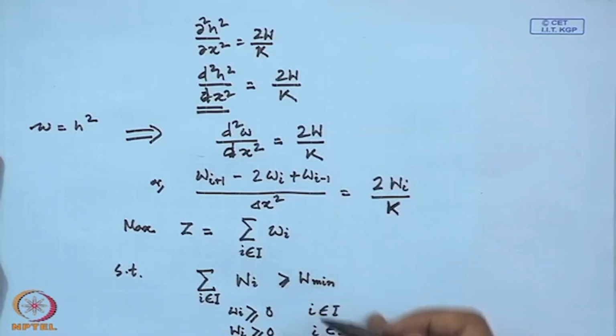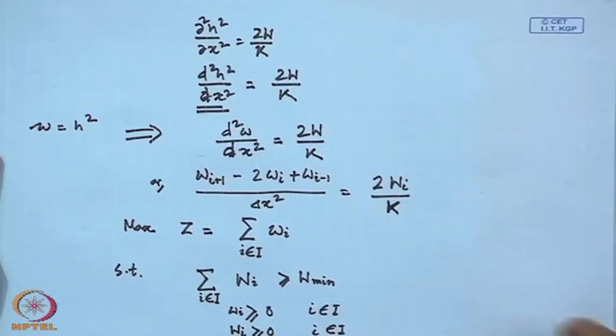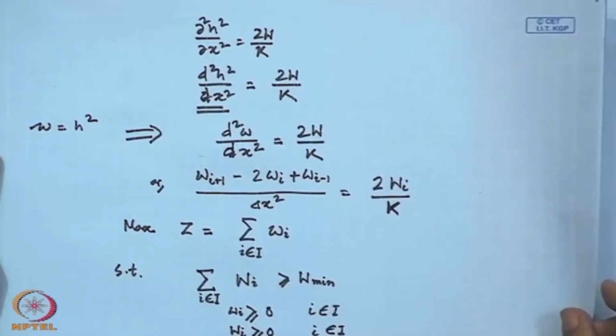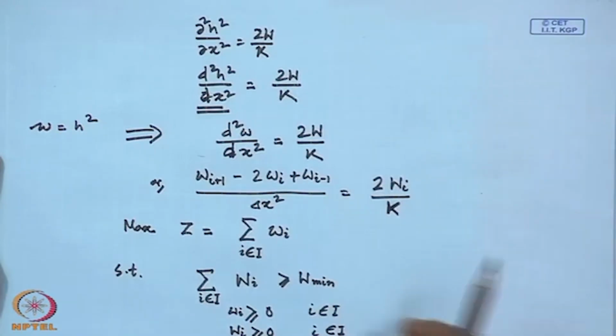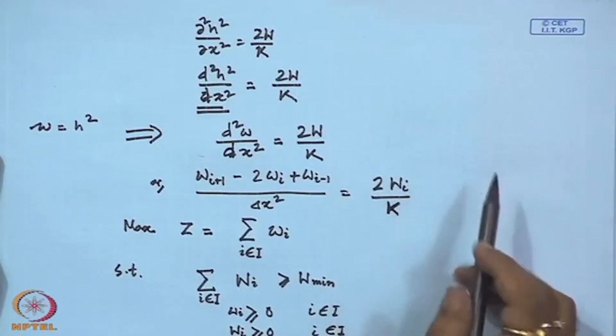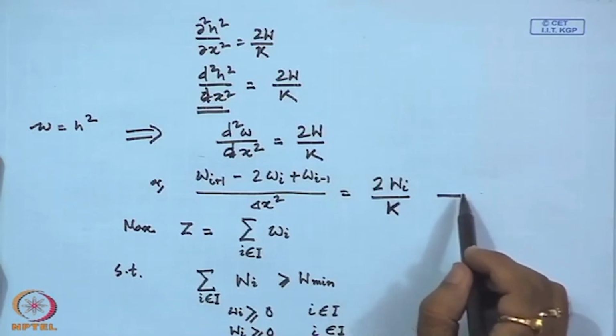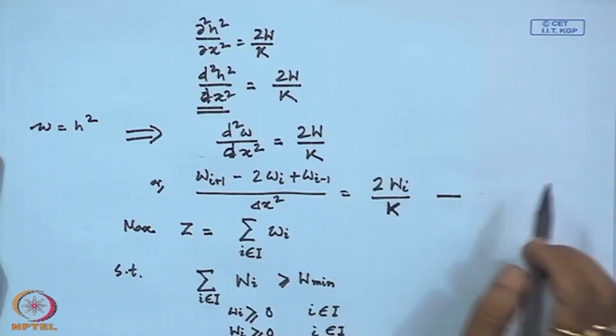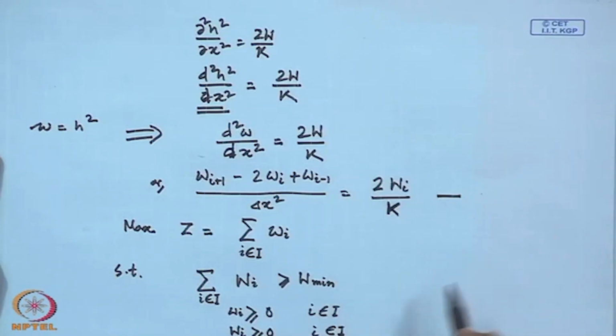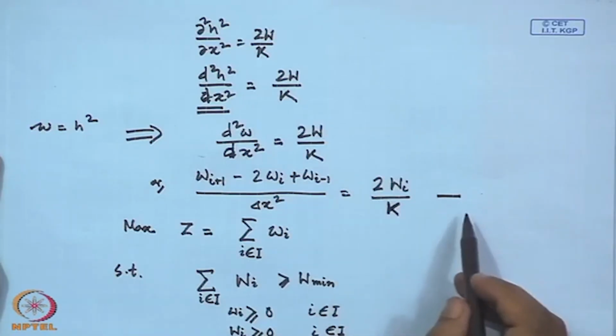These are the constraints which need to be satisfied for our optimization problem, and we have this particular equation that will act as a binding or equality constraint.